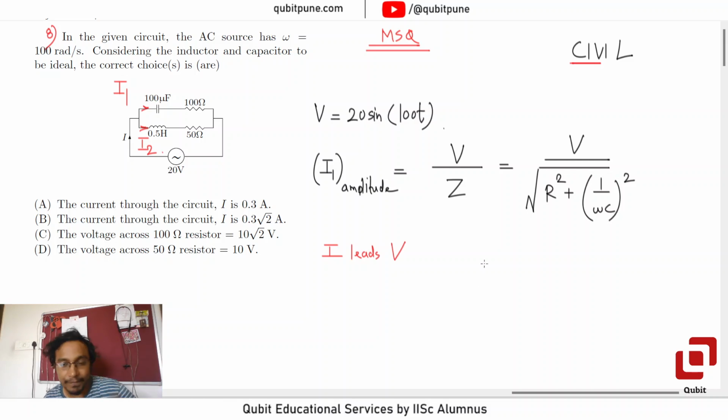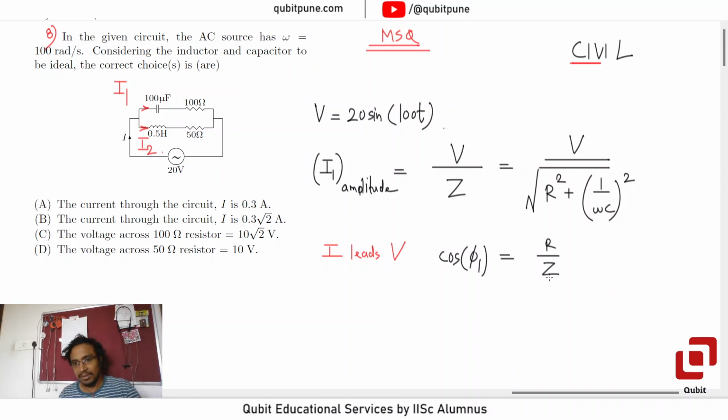Can we find cos phi, or let's say phi 1? Yes, can we find this one? What would it be? R over Z. We have to draw a triangle.